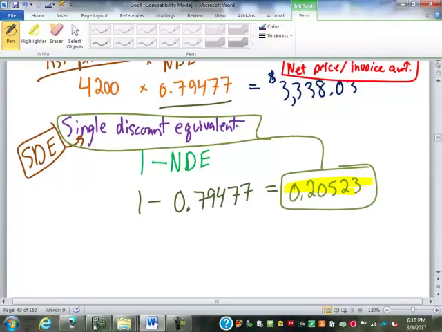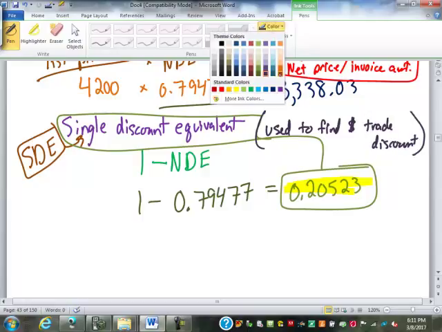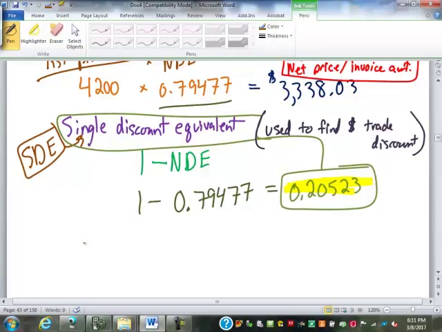The single equivalent discount, or single discount equivalent, is used to find the dollar amount of the trade discount. So to find the dollar amount of the trade discount, I'm going to take the list price times that SDE.